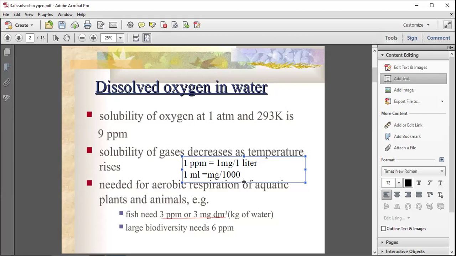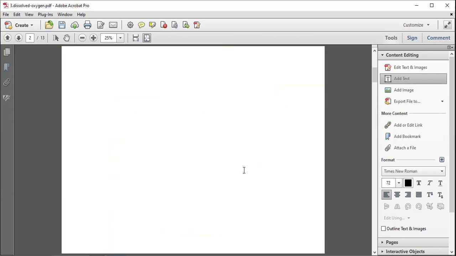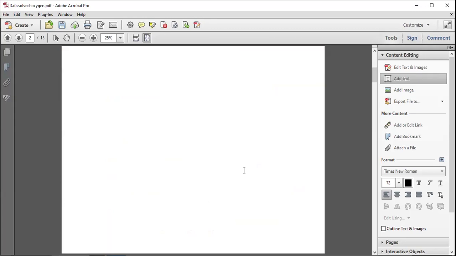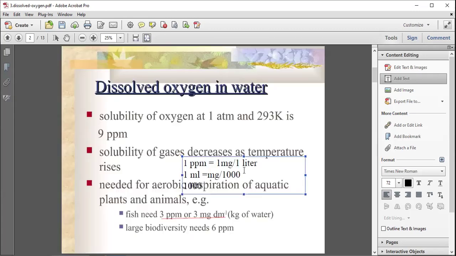So, the calculation you can see, right? It's some of the calculation. 1000 milliliter.